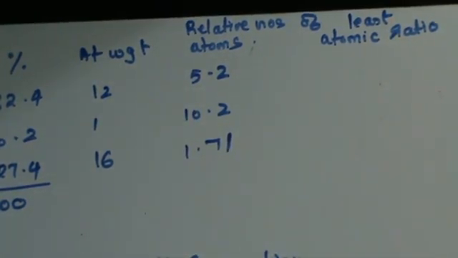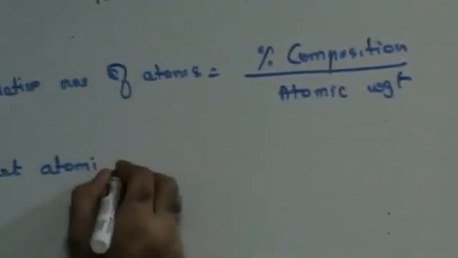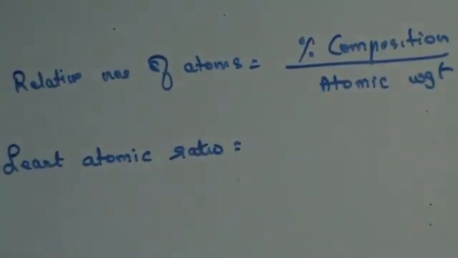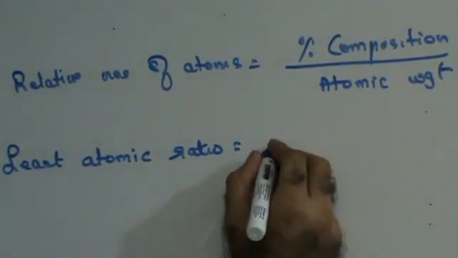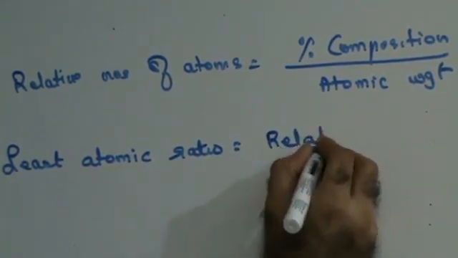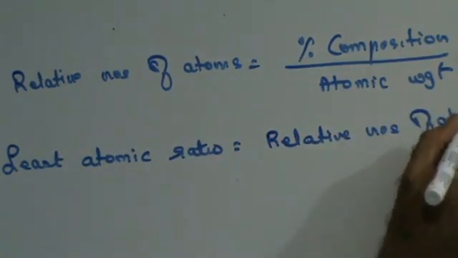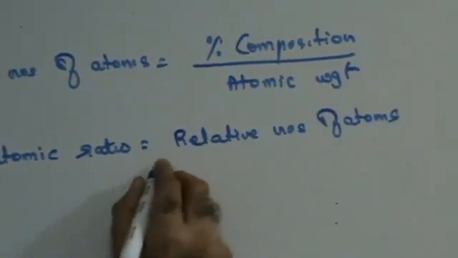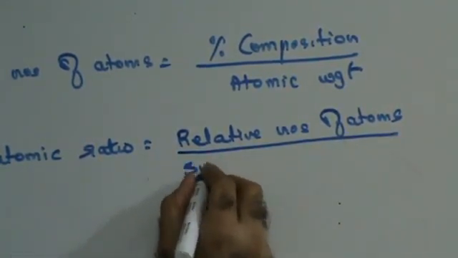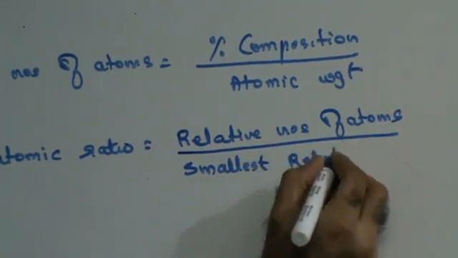I'll write the formula here. Least atomic ratio is given by the relative number of atoms divided by the smallest relative number of atoms.